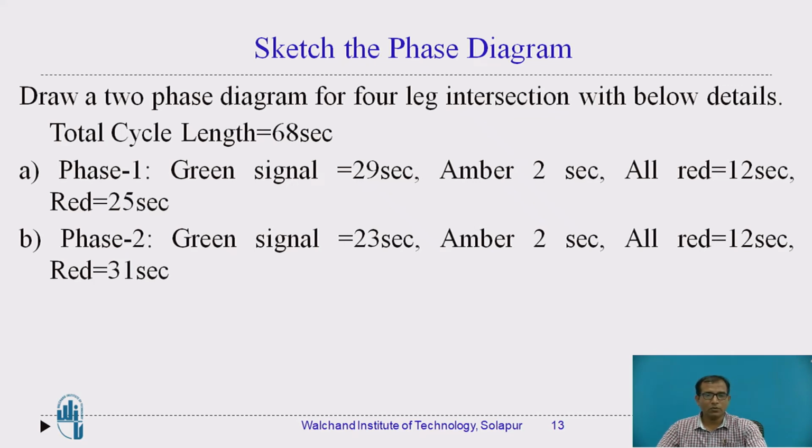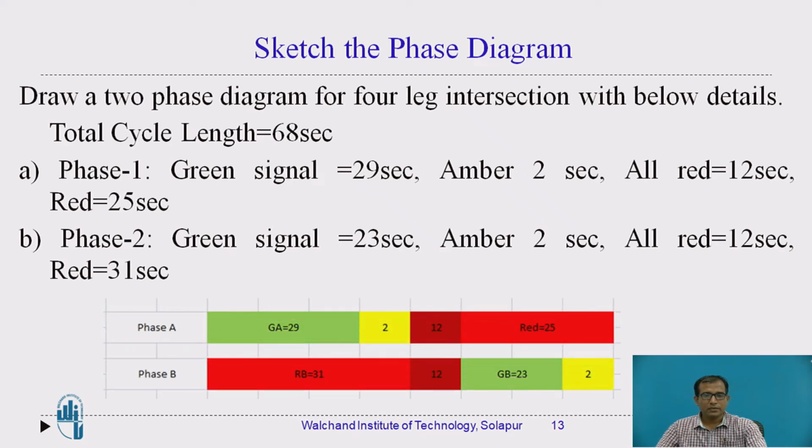The correct answer is here. You can see that the total cycle length is 68 seconds. If you add the green time 29, 2, 12 and 25, that comes to 68 seconds. In the first phase, we introduce a green signal for 29 seconds, followed by an amber period of 2 seconds as vehicles still continue, and further the all red is introduced for 12 seconds.